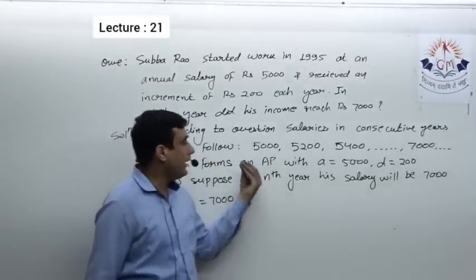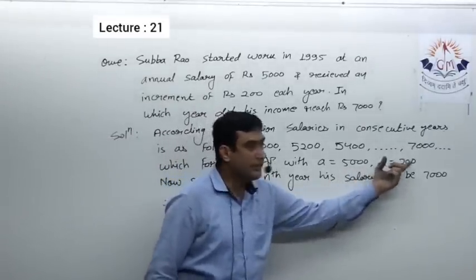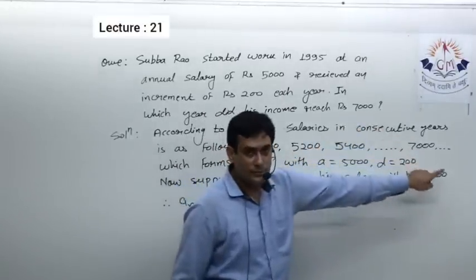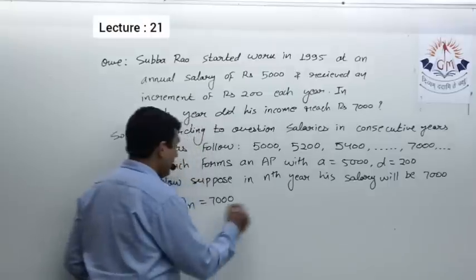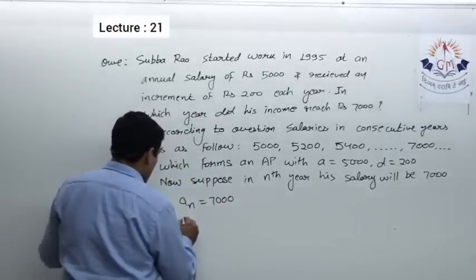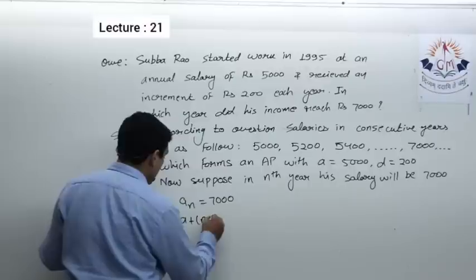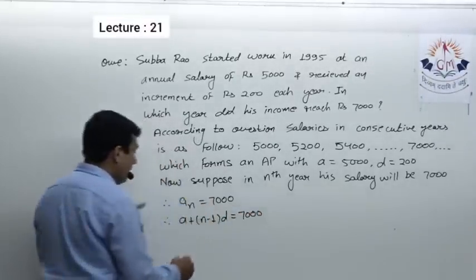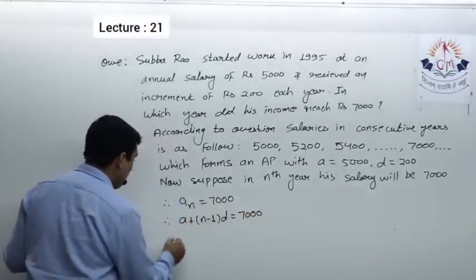If I am assuming that in the nth year his salary is this, that means this is the first term, second term, third term, so this is the nth term. So the nth term is 7,000, that is a_n equal to 7,000. Now we know the nth term is a plus (n minus 1) into d, that is equal to 7,000. We have the values of a and d, so we'll get the value of n.